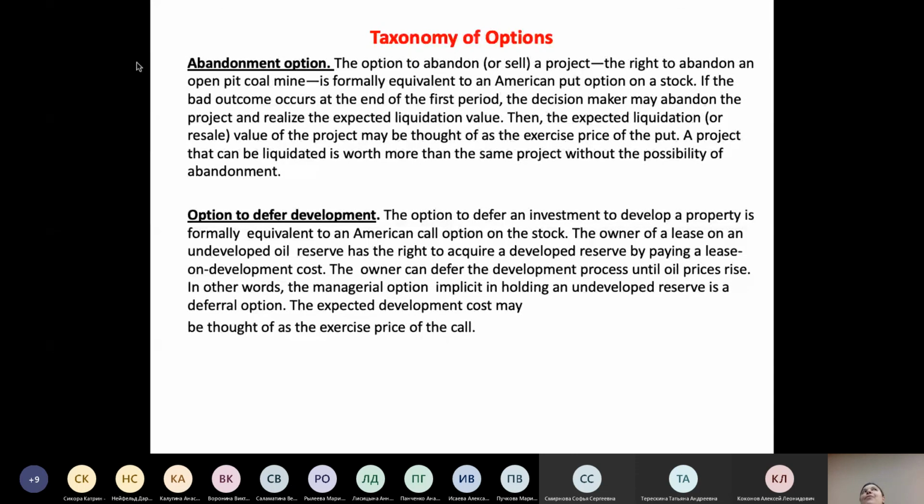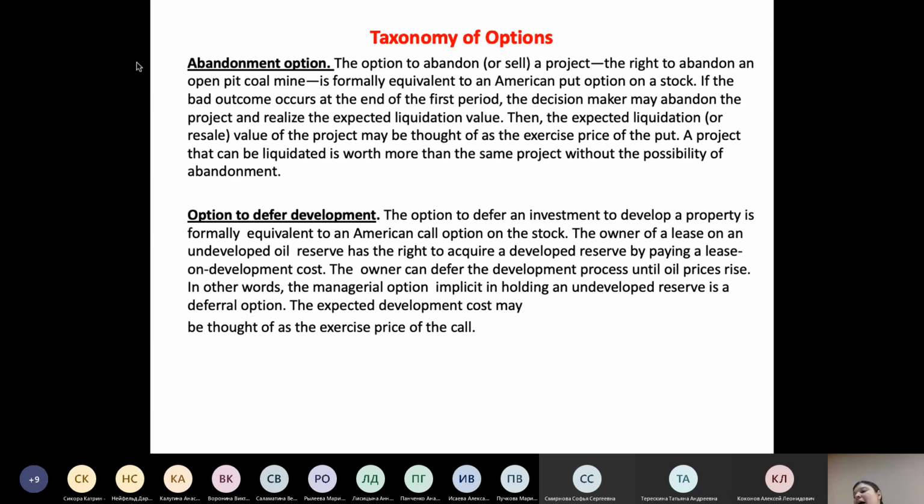If we compare our real options with financial options, for financial options all aspects are very clear, very determined and direct, compared with our real options.